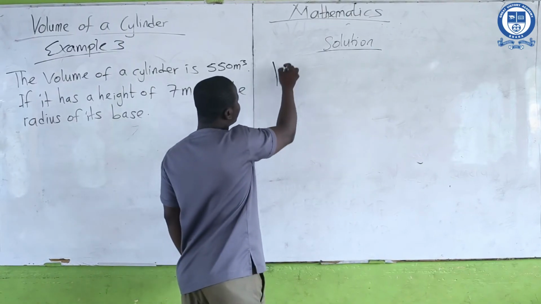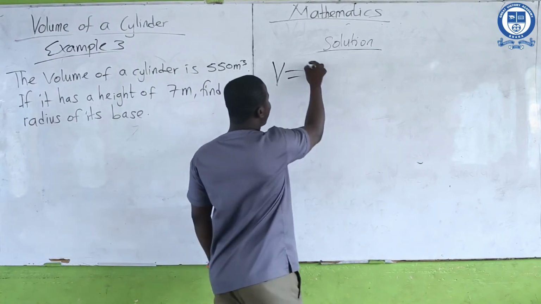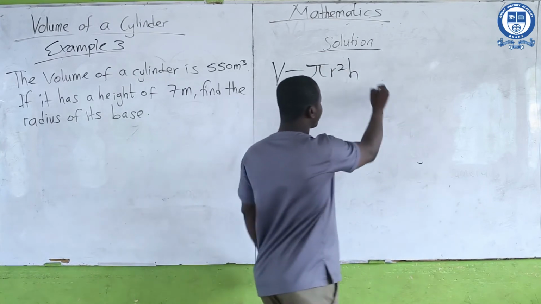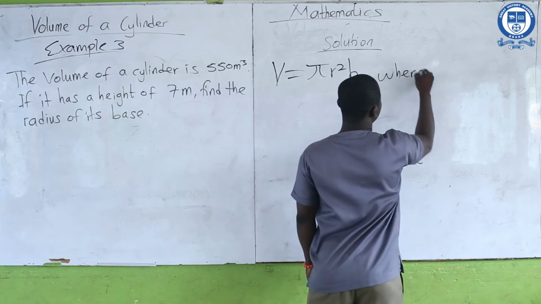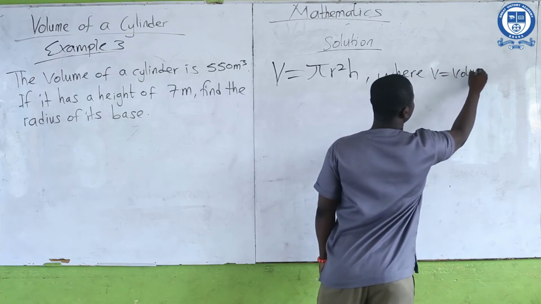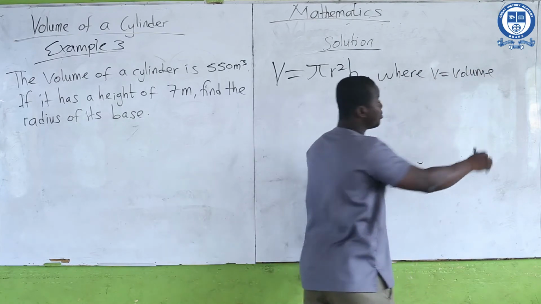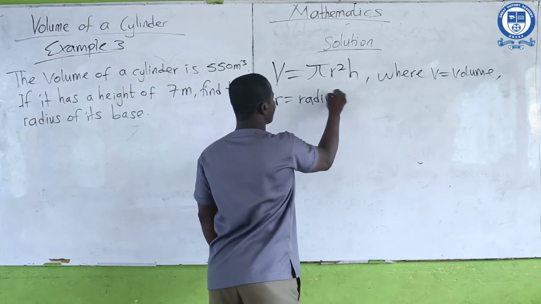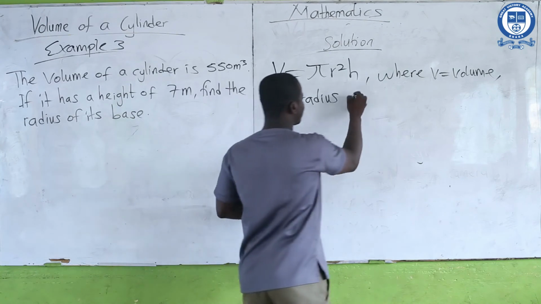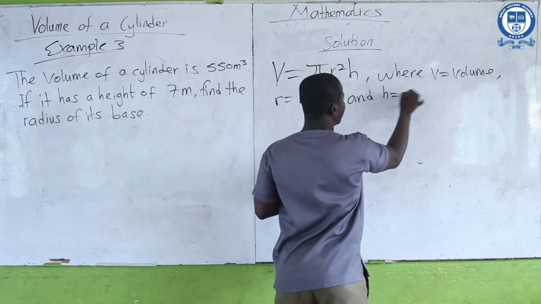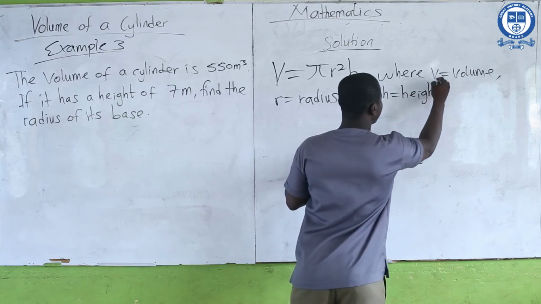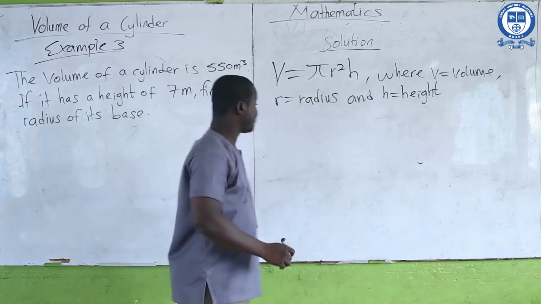So we know that V is equal to pi r squared h. V is volume, r is radius, and h is the height of the cylinder.